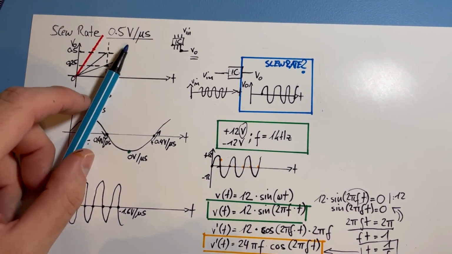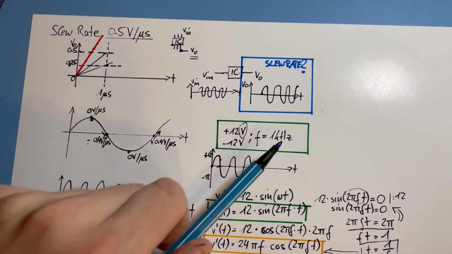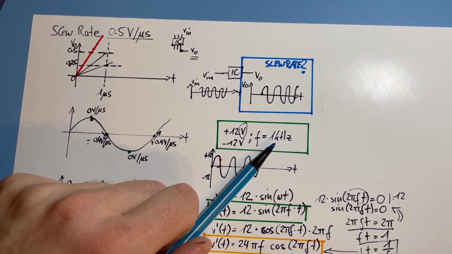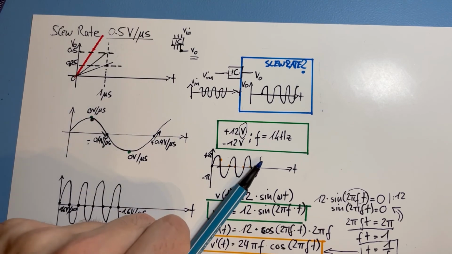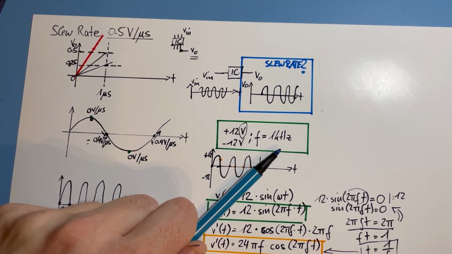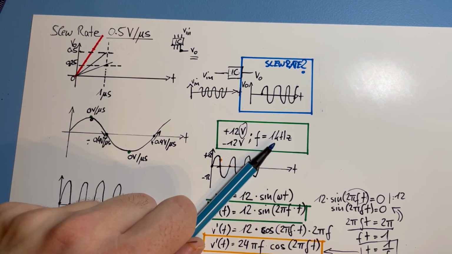Another question is, okay, with 1 kilohertz we can support, but how far can we go? What higher frequency can we support? Can we support 10 kilohertz, 100 kilohertz, a megahertz, a gigahertz?